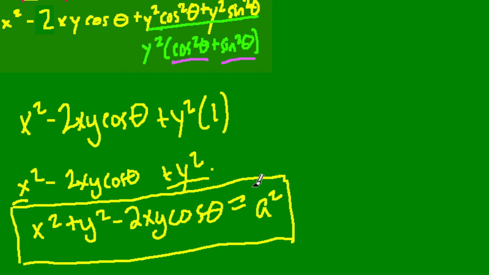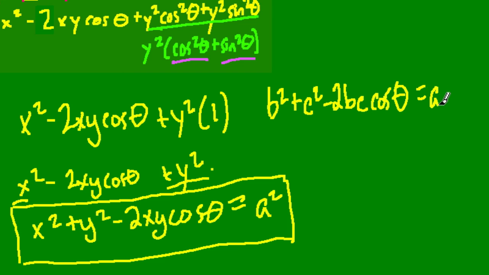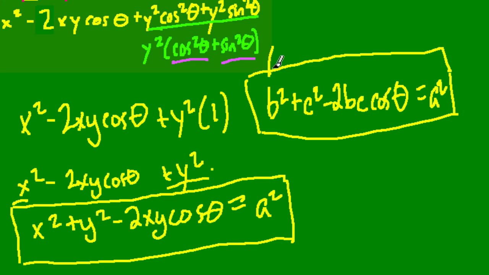And in fact, you might see it written as with a's and b's and c's. You might see something like b squared plus c squared minus 2bc cosine of theta equals a squared. Same thing, different variables. I usually avoid b's though because as you can see my b variables look like 6's.